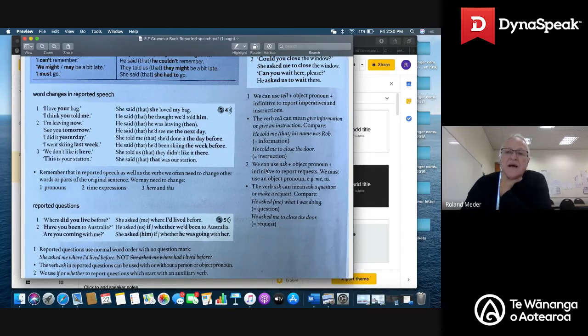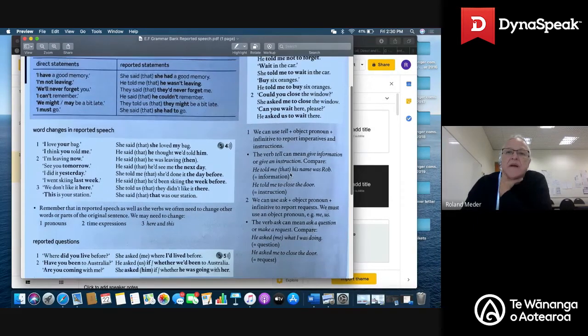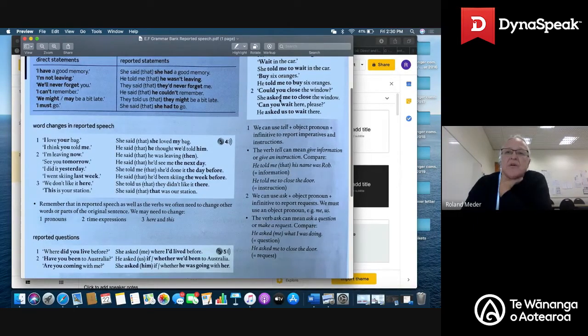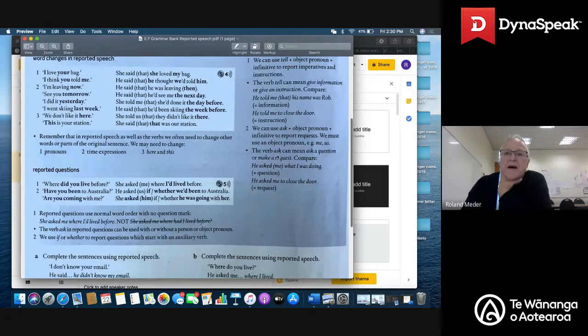We can also use ask plus an object pronoun plus an infinitive to report requests. So have a look here. Could you close the window? She asked me to close the window. The verb ask can mean, we must use an object pronoun me or us after ask.